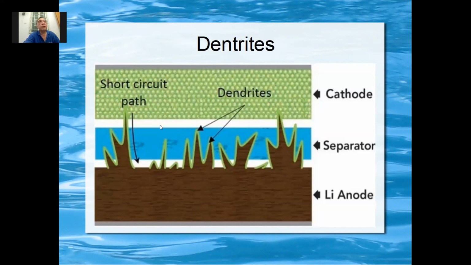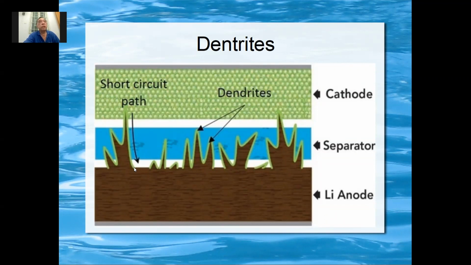That's why you have a separator there to prevent the lithium from going over to the other side. Anode is negative, cathode is positive. So if the lithium reaches the other side, it short circuits already. Instead of the current flowing from outside the circuit, now the current flows inside the battery. So it's just like you have a ground, and then you try to build your home higher and higher until you reach the sky. Once you reach the sky, the lightning comes down and then burns everything.